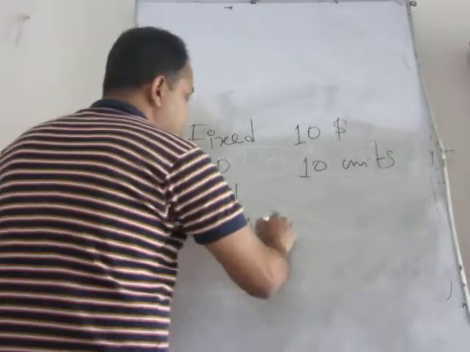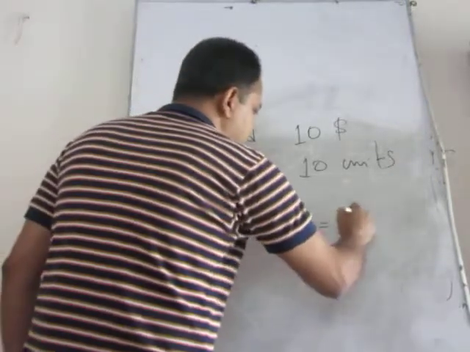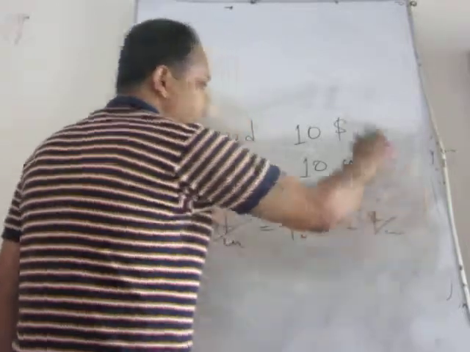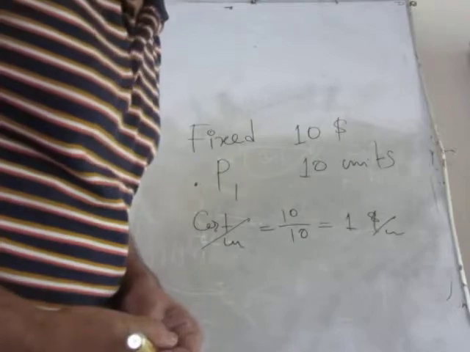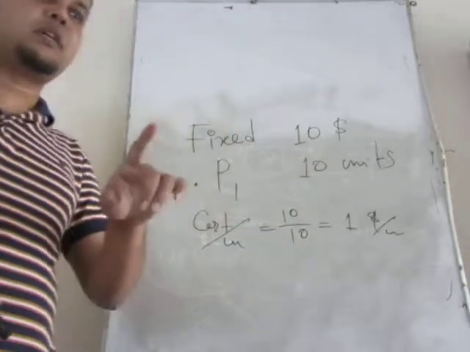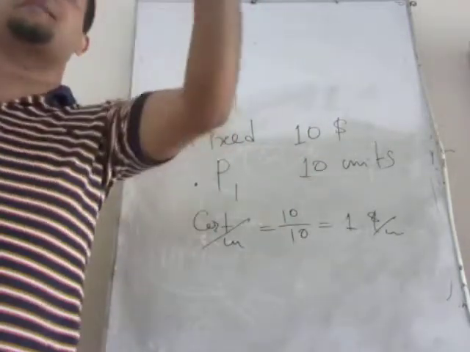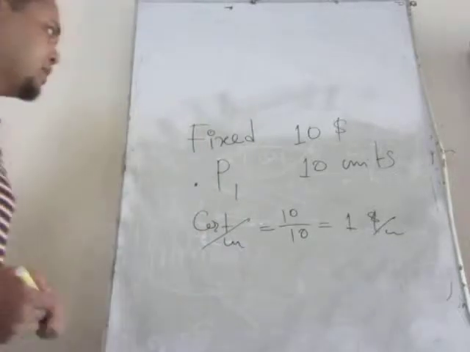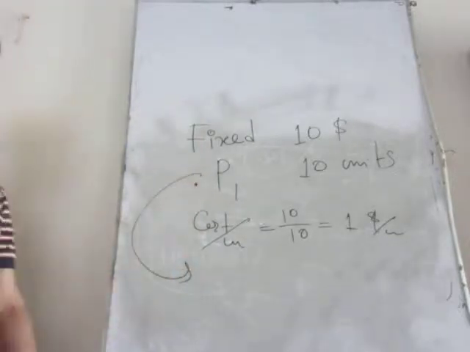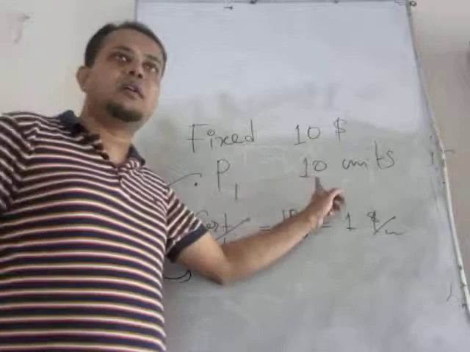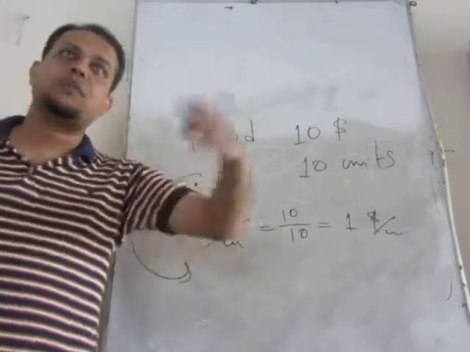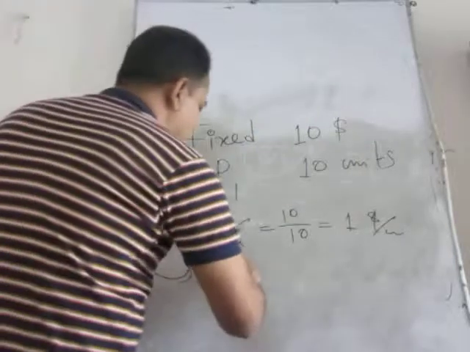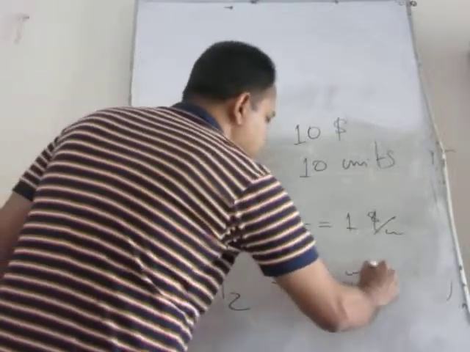Cost per unit is 10 by 10, 1 taka per unit. Okay? Now you are asked, what is the effect on the cost per unit if there is a reduction in activity by 50%? What is your activity? You are producing 10 units. If your activity reduces by 50%, what will be your activity? Suppose P2 is now 5 units.